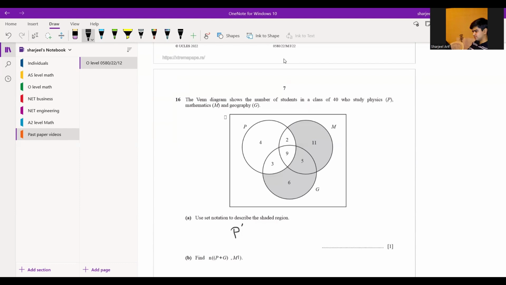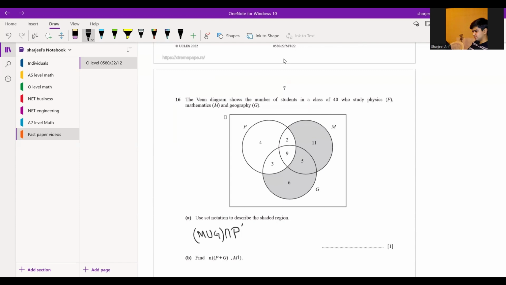So what would be the next two parts? We have to find the common values between m and g, so we will write m union g in brackets. Then we do not want to include p complement, so we will place an intersection sign here because only the common values should be included.